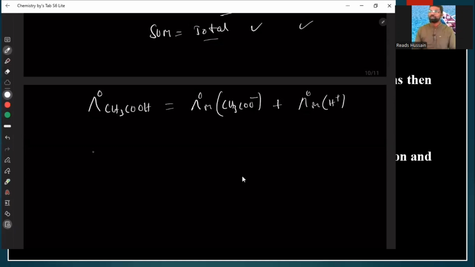Suppose I take the limiting molar conductivity of MgCl2, magnesium chloride. That is equal to the limiting molar conductivity of Mg2+ plus the limiting molar conductivity of Cl-.